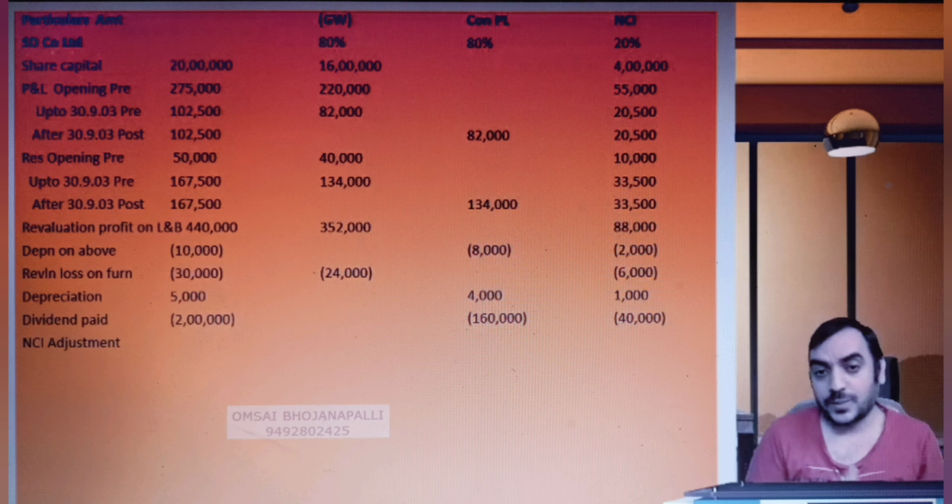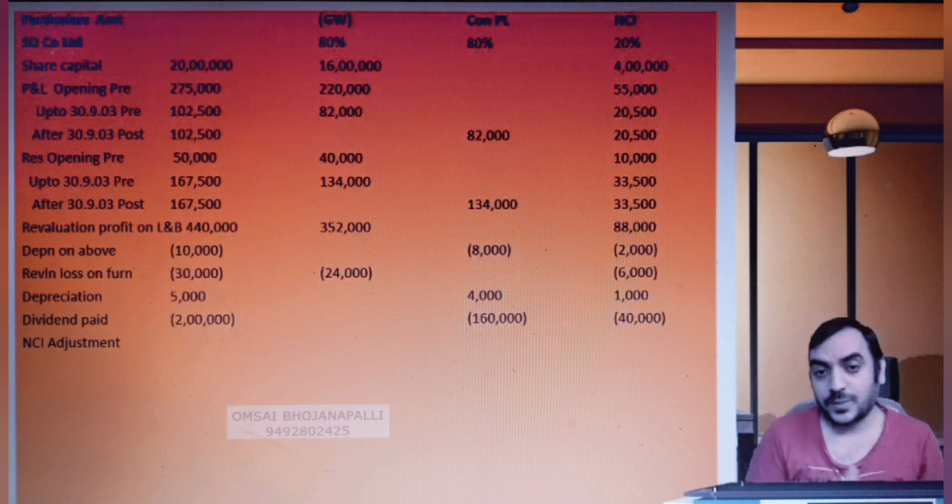They have given stood at 2 lakh, and it was the opening balance, closing balance 8 lakh. No? Sorry. Furniture. Oh, furniture, not plant and machinery. Furniture is 1,60,000.